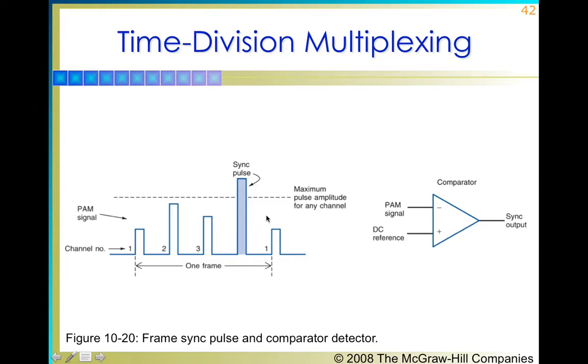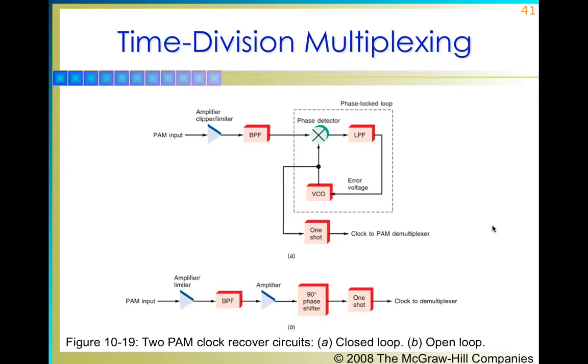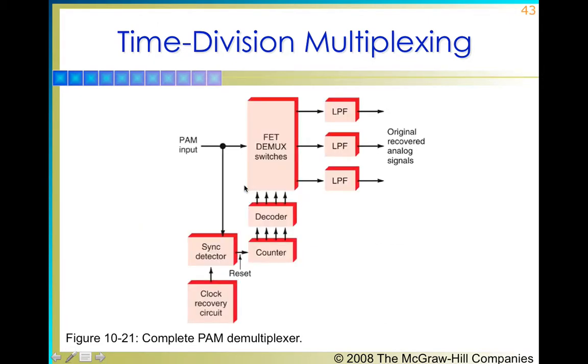It will output this synchronization pulse, because all the voltages less than that DC reference will be neglected by this comparator, and only the one which is higher than this DC reference will be outputted over here in the comparator. So once we have the clock signal from either of these circuits and we have a synchronization pulse, we are now able to synchronize the transmitter with the receiver, and this is a diagram of the PAM demultiplexer.